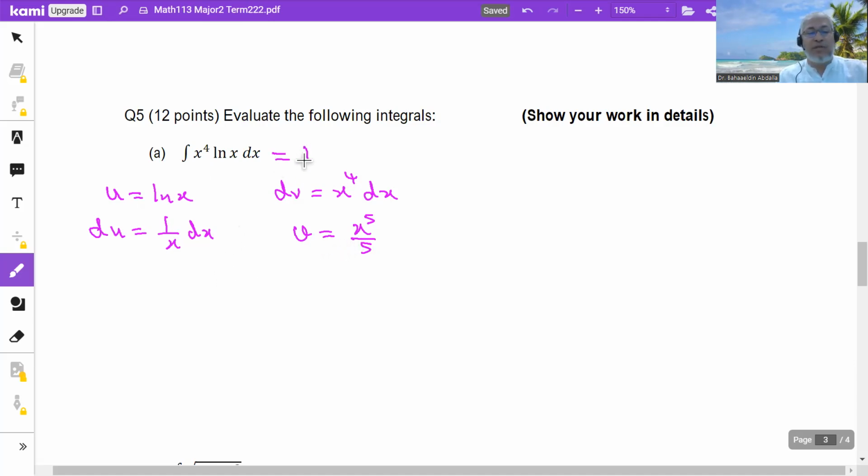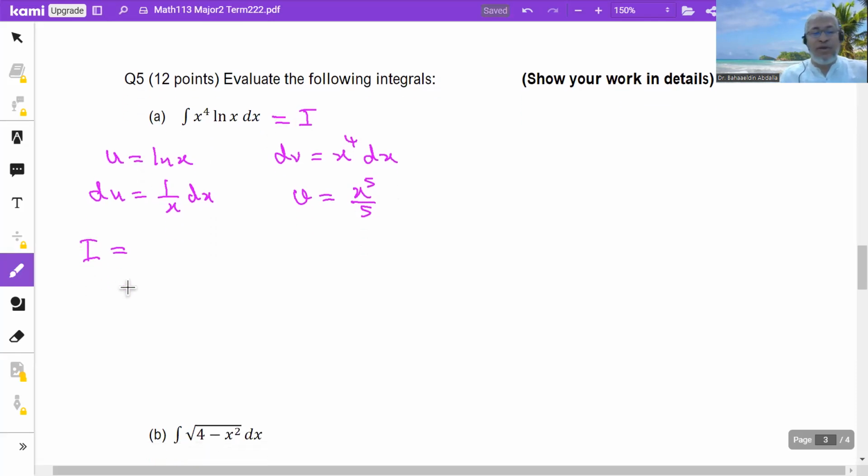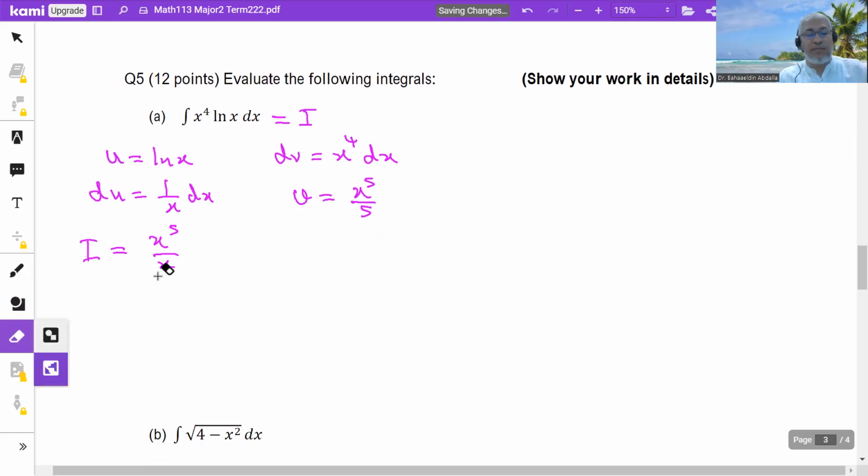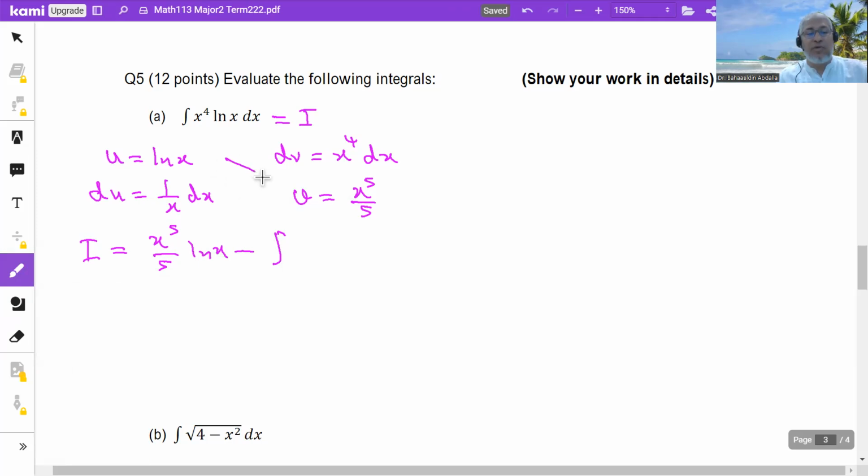So this I would be equal to uv, this times this, so x to the power 5 over 5 times ln x minus integral v du, so now I have 1 over 5 outside, and x to the power 5 over x is just x to the power 4 dx.